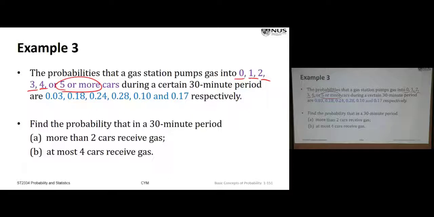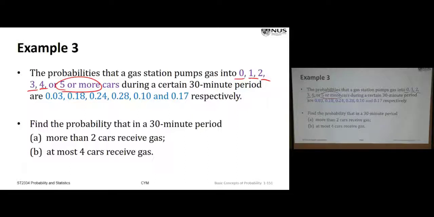There may be no cars within this period, or one car, 2, 3, 4, then 5, 6, 7, 8, and so on. Maybe there are 100 cars arriving during that period. To make it simple, we assume that the last one, 5 or more, which includes 5, 6, and any number bigger than 5, is one event.